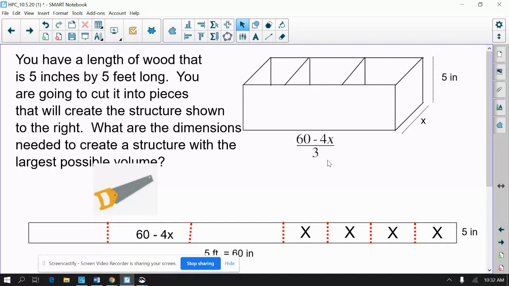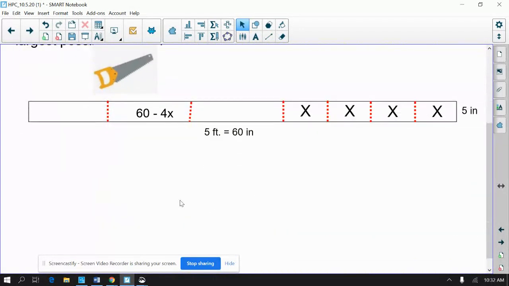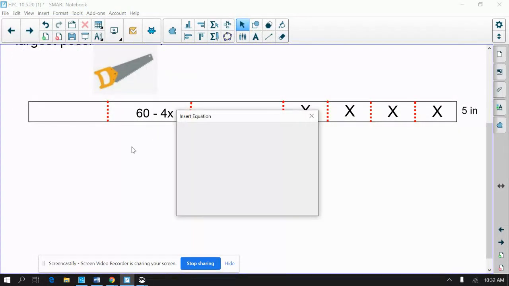And now look at what you have. You have a box and you have all 3 dimensions. It's 5 inches high, it's x inches deep, and it's 60 minus 4x over 3 inches long. And that is enough to create a function. So you get to write a function.